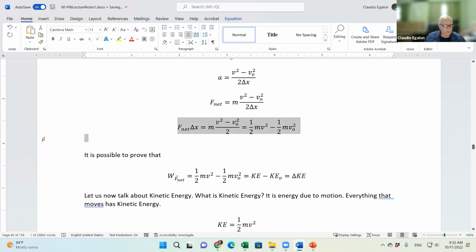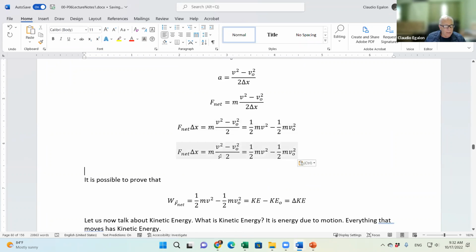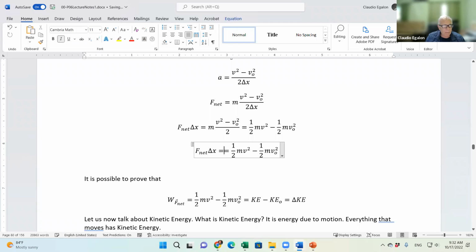Did you notice that it's one of those things in physics where we find a neat relation? By the way, what you see right here is the work of the net force. The work of the net force is related to the velocity and the mass of the object.